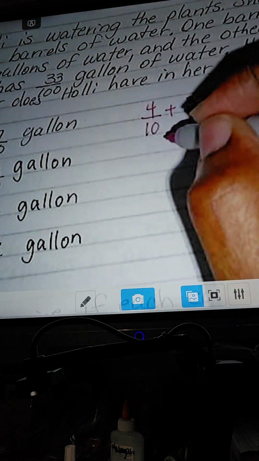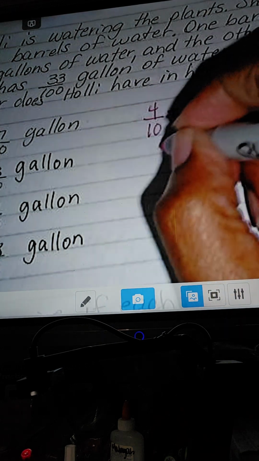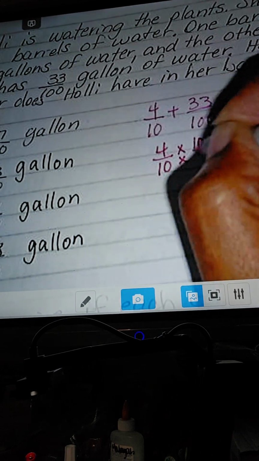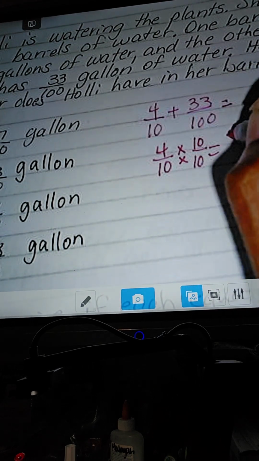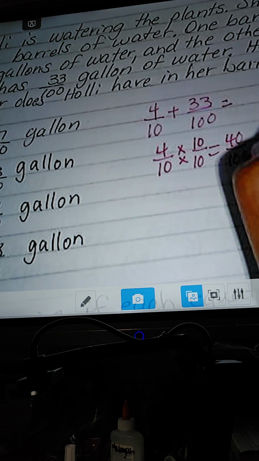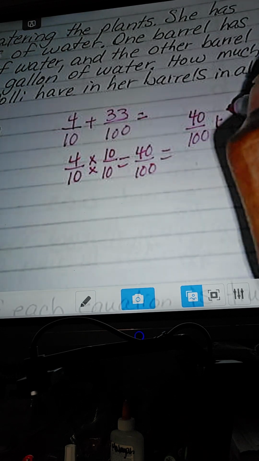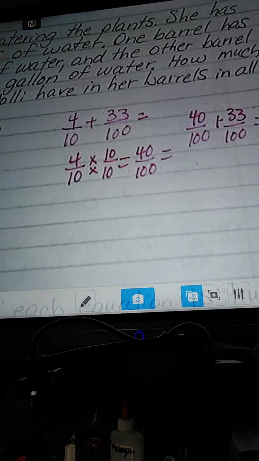So I am multiplying 4/10 times 10 over 10, which equals 40/100. Now I can add them together and say 40/100 plus 3/100 equals 43/100.